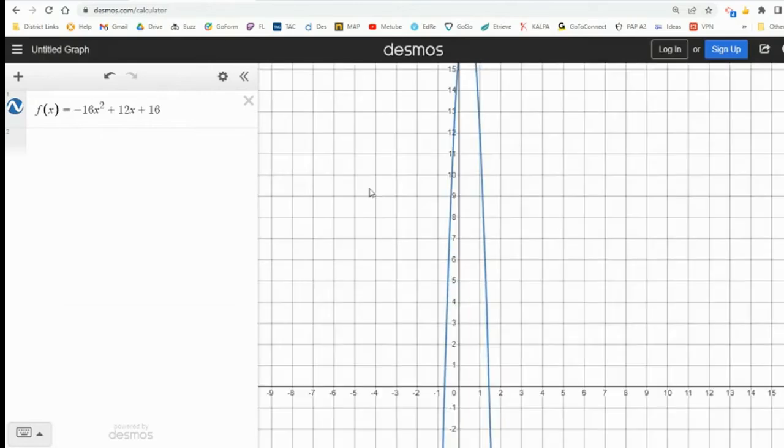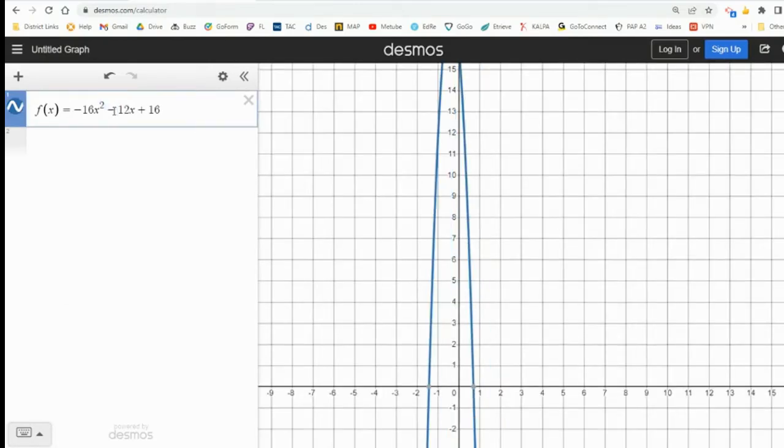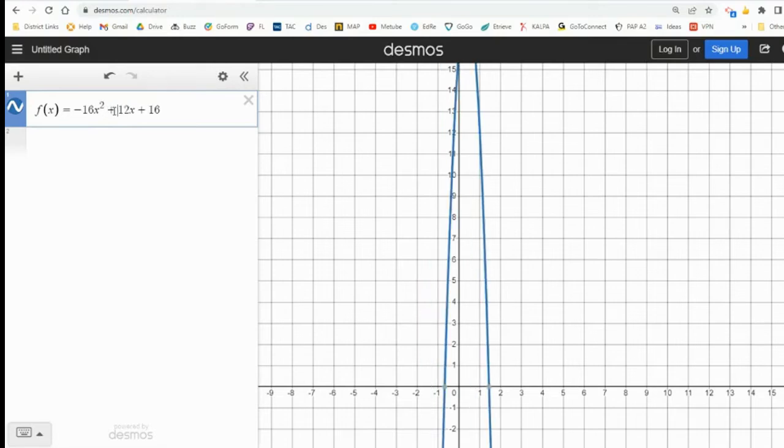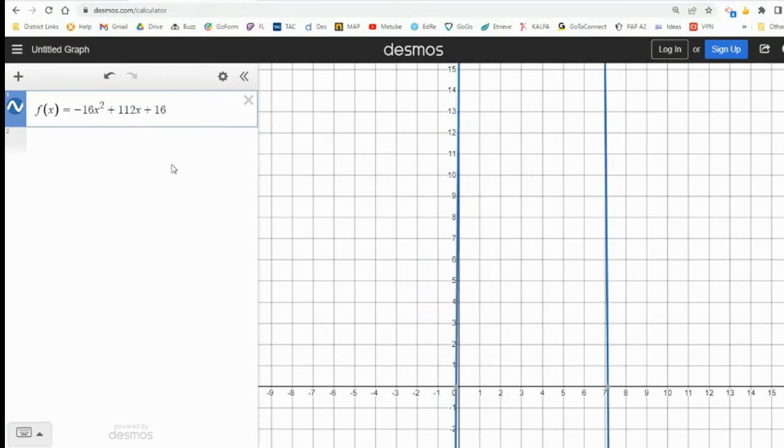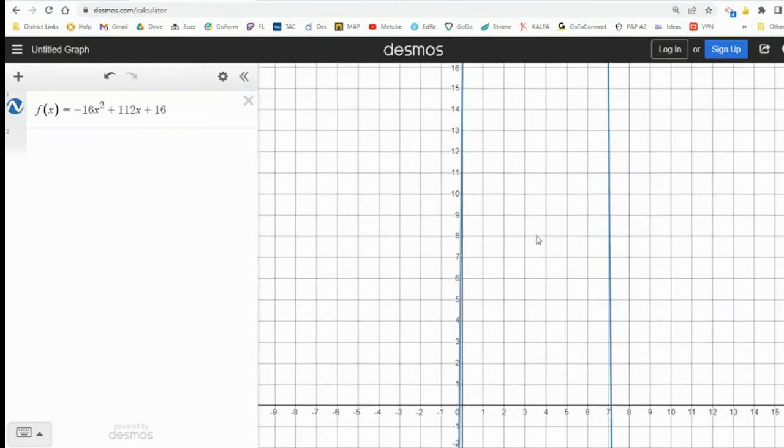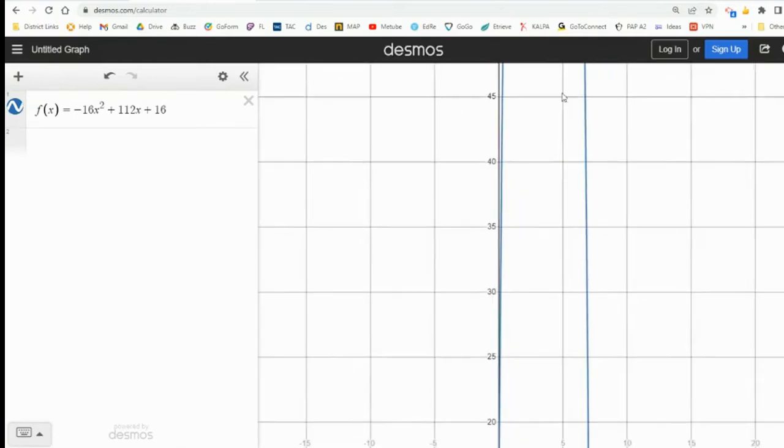If we look at this, I probably need to make that different. Let's see. I want it to be a bigger number, so let's make it 112. All right, so if we had this formula and wanted to know how long this projectile takes to reach its maximum height, well, that would be the vertex, right? Where does this graph hit its maximum?